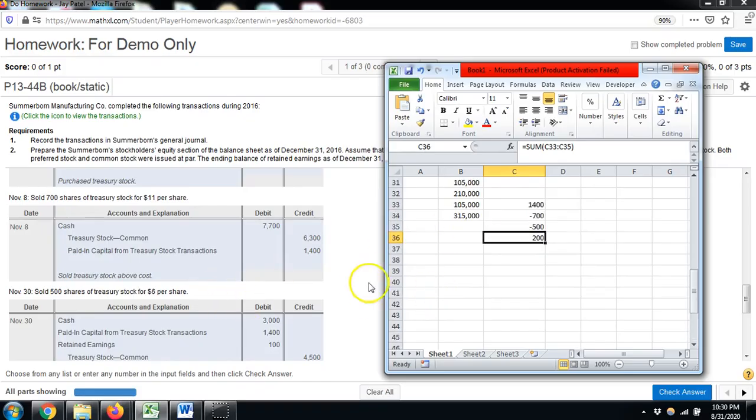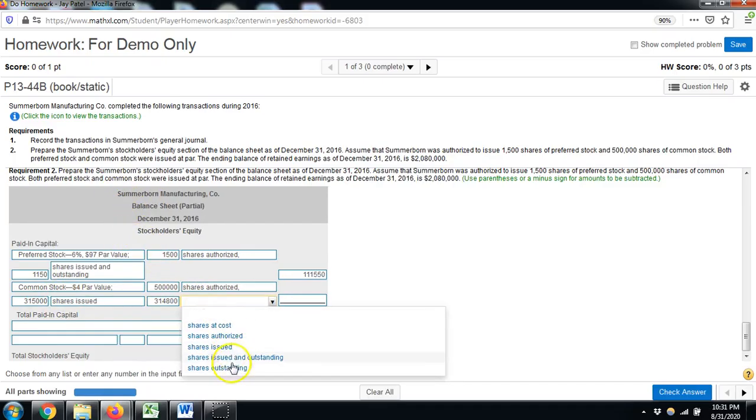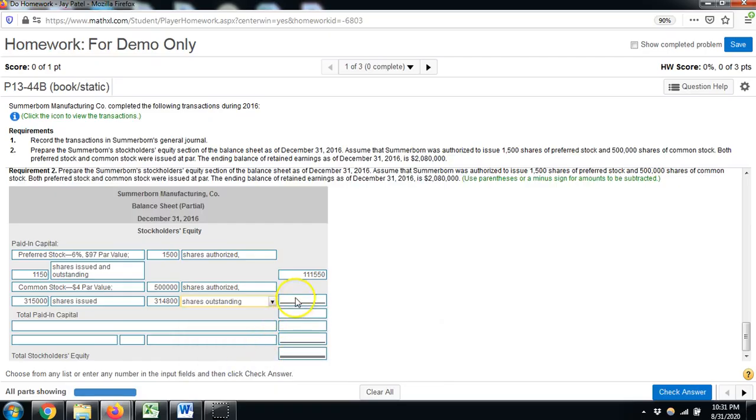So that means there's 200 less shares outstanding than were issued. So this is actually 314,800, which is basically the number of shares issued minus the 200 shares we have in our treasury stock balance. This is the number that are outstanding.